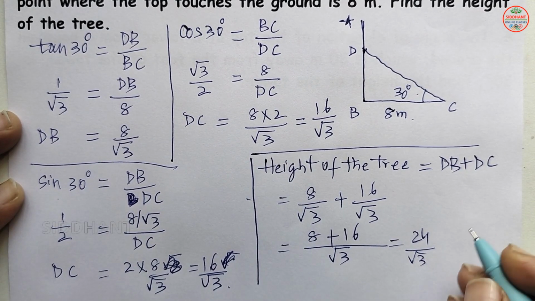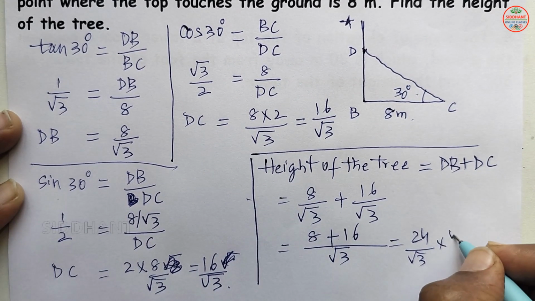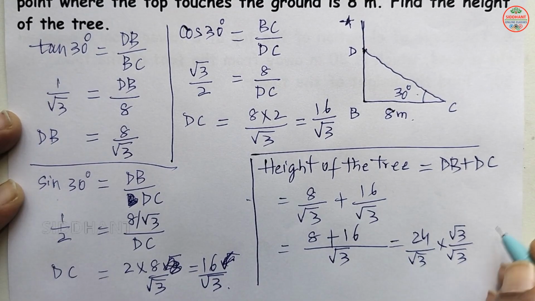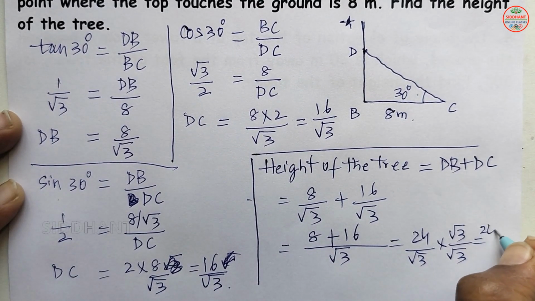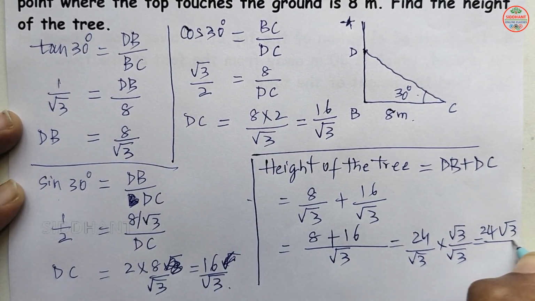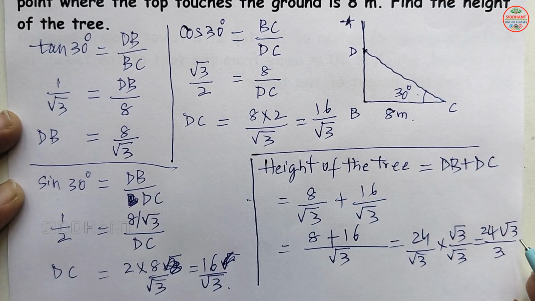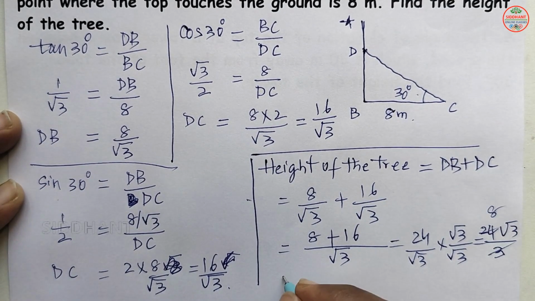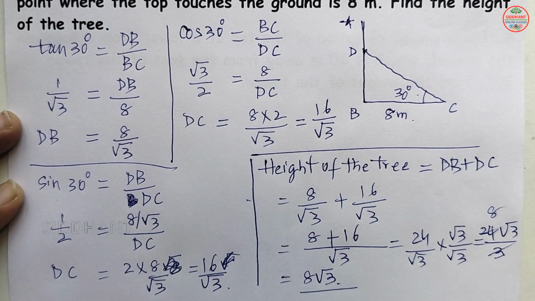Multiplying by root 3 in order to remove the root, we get 24 root 3 by root 3 into root 3, which is 3. So 3 into 8, we get 8 root 3. So 8 root 3 is the height of the tree.